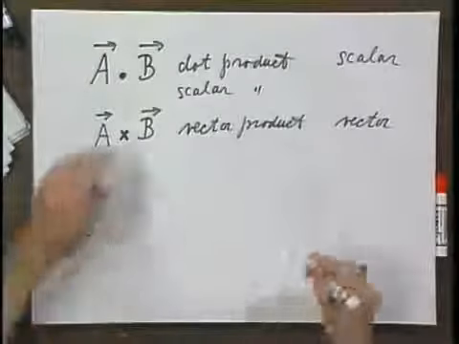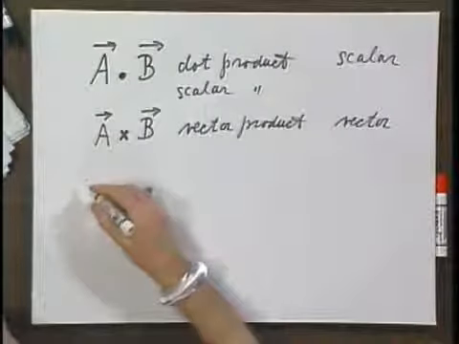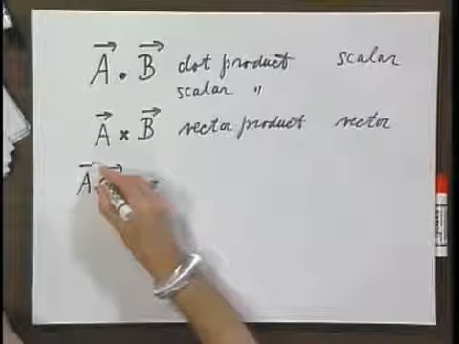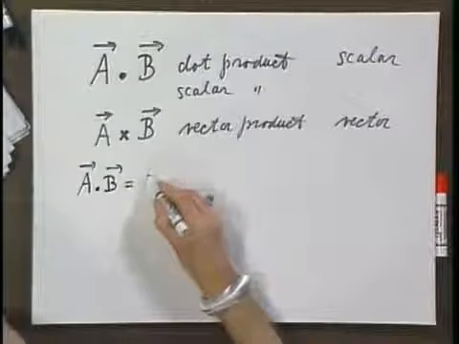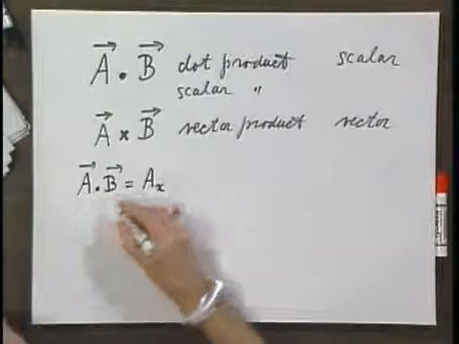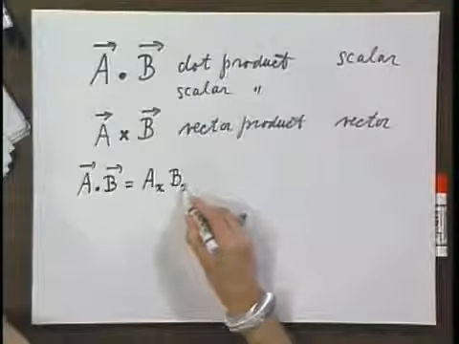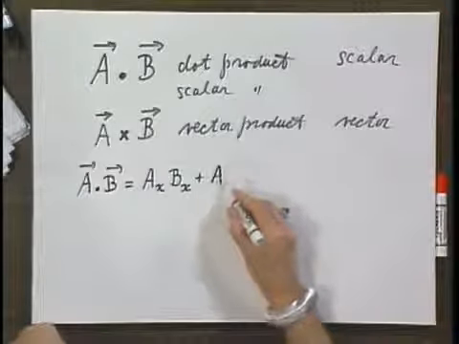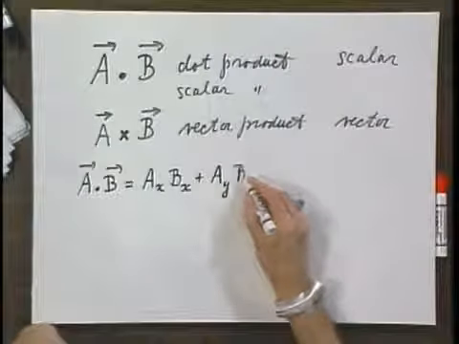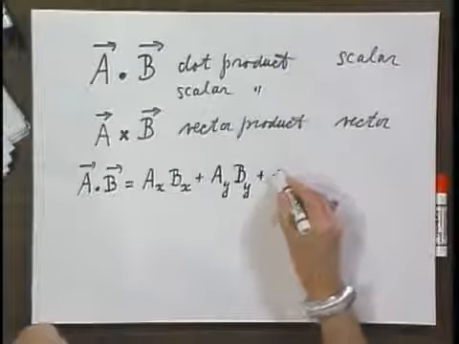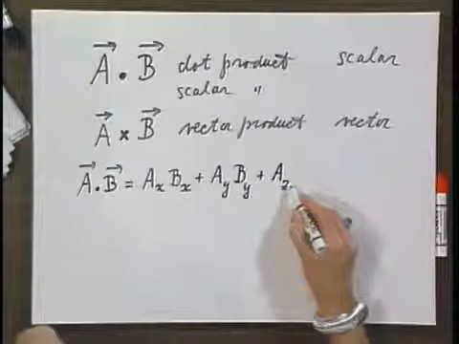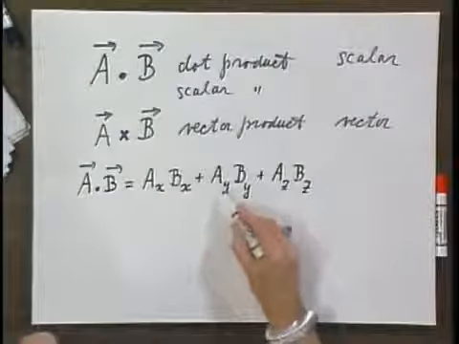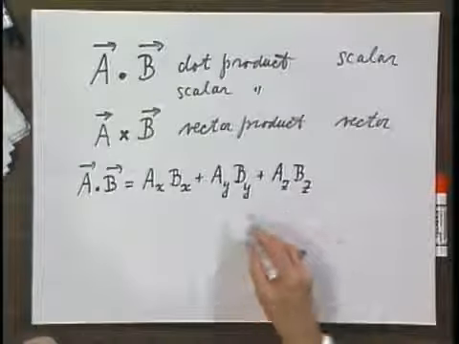Let's first discuss the dot product. The dot product is defined as follows. A dot B is the x component of A multiplied by the x component of B, plus the y component of A multiplied by the y component of B, plus the z component of A multiplied by the z component of B. These are three numbers, and those numbers are going to be added.